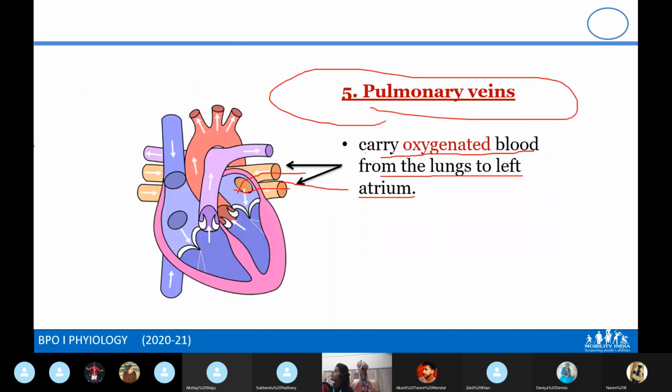So the rest we will take up in the next session. Do you all want to know more about the arteries and veins? Now you all got the idea of which arteries and which veins from the heart help in carrying blood and giving blood. Do you all want to know the other arteries that you are seeing here? This is the artery, this is the vein, on both sides.